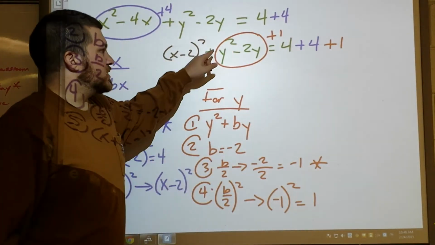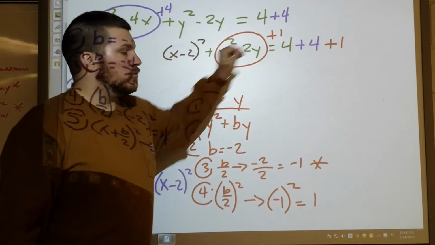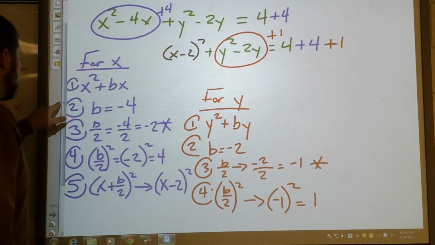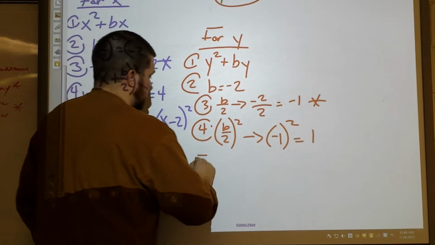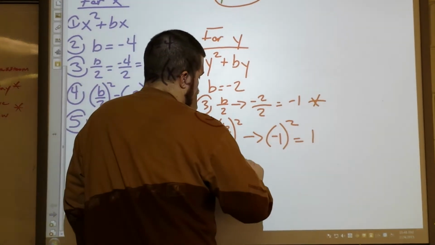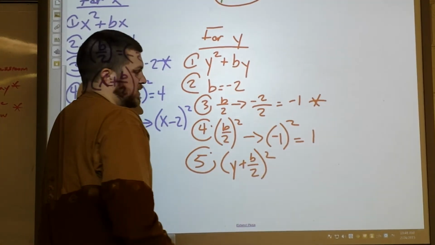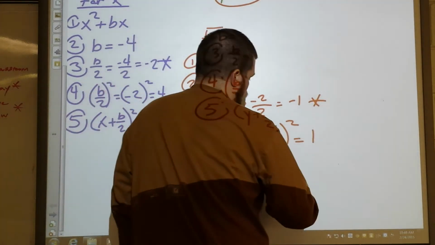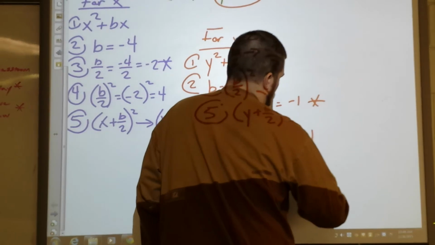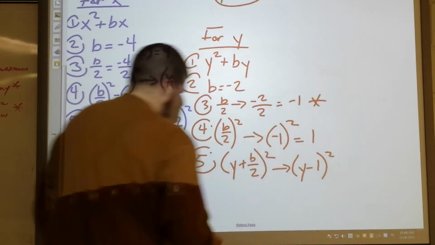What I've made now is a perfect square trinomial, which can be factored into the square of a binomial. So that's what I'm going to do in my last step. So I have y plus b divided by 2 squared. In this particular problem, b divided by 2 was negative 1, so I have y minus 1 squared.